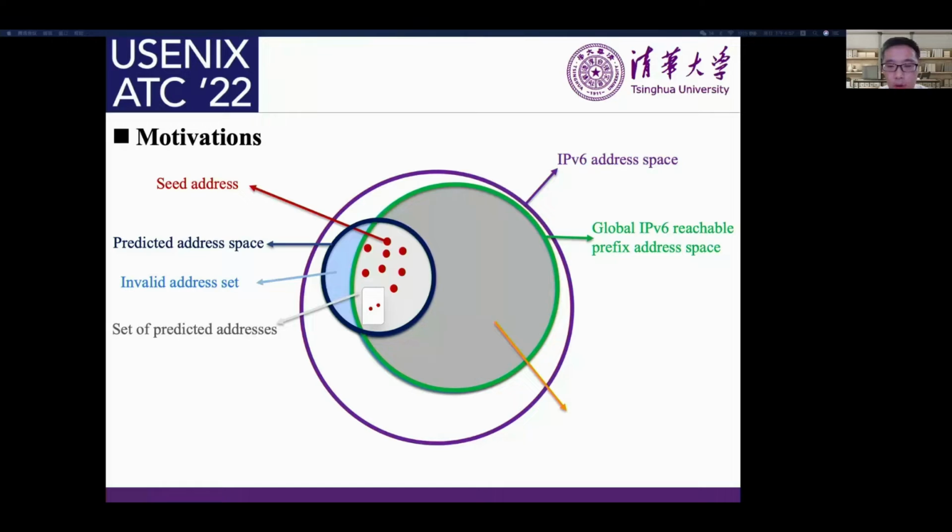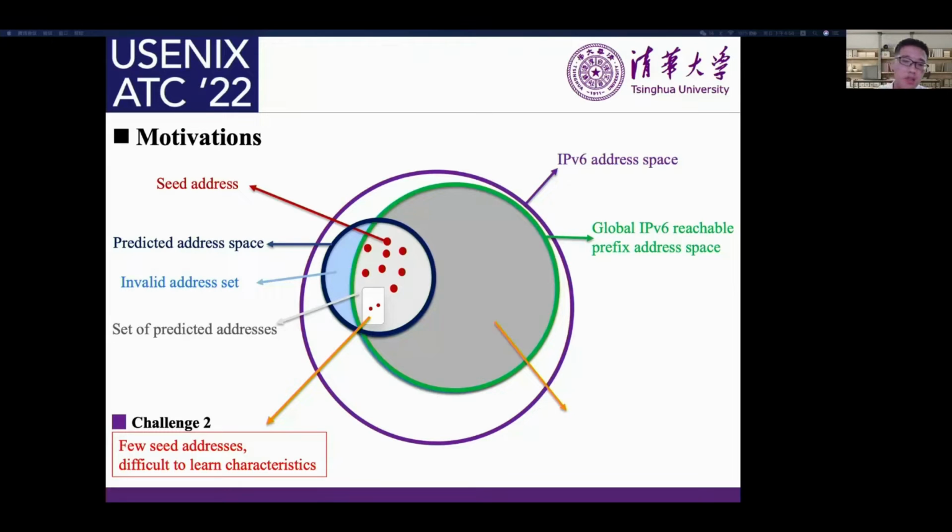When the prefix space contains few seed addresses, the existing methods find it difficult to learn the seed address characteristics. Thus, in address detection, we are faced with the challenge of the low detection efficiency of existing methods in prefixes with few seeds.